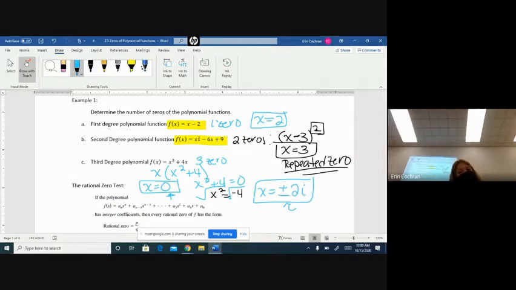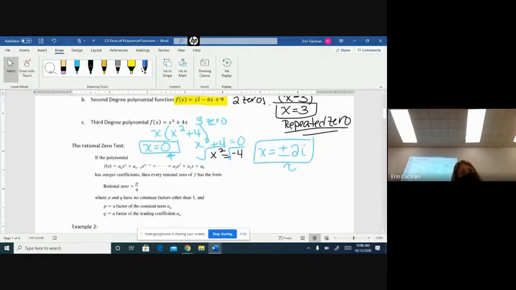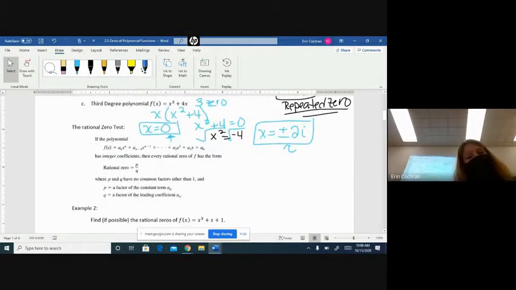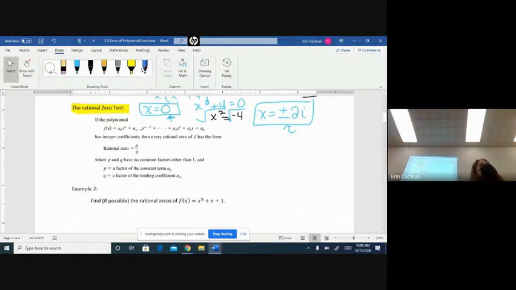All right. The rational zero test. This is what we did in Algebra 2, where we found our possible rational zeros, right? And then from there we used synthetic division to see if my remainder was 0, if it goes evenly into it. Remember that?